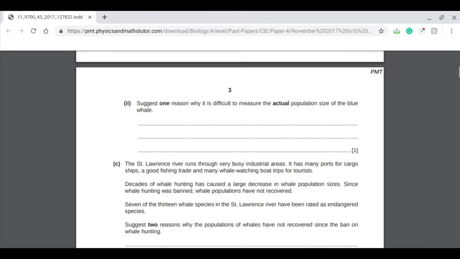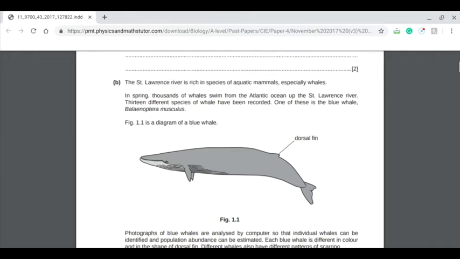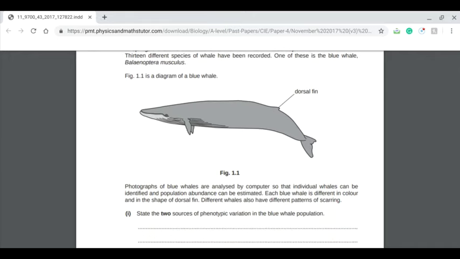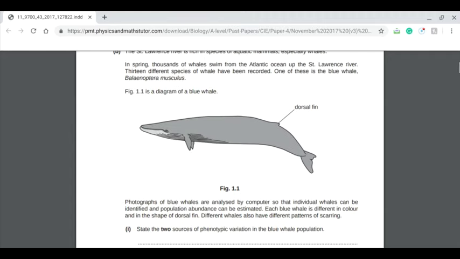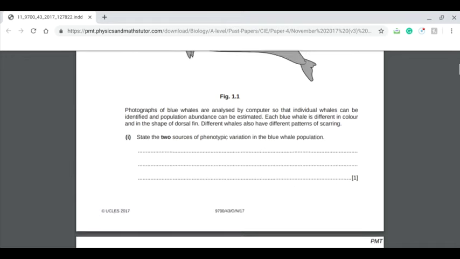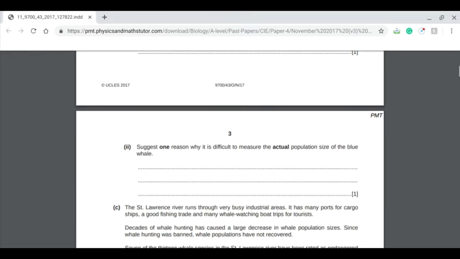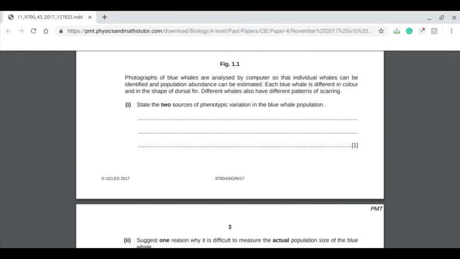Remember that the blue whale is living underwater, so you can say that it's living at a greater depth, and we can't reach there, or we don't know how to accurately measure the actual population because it is at such a great depth.